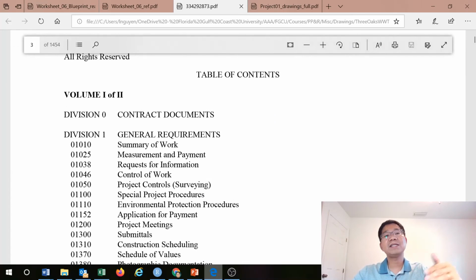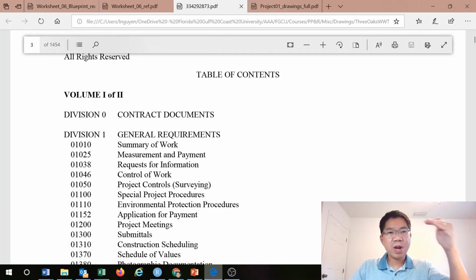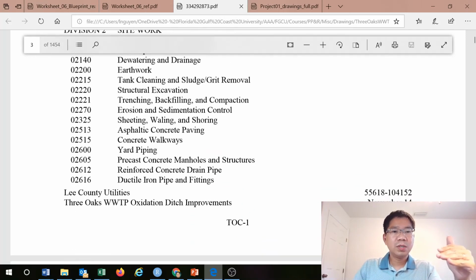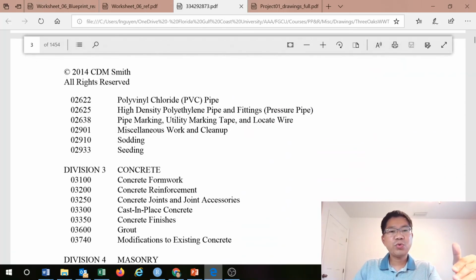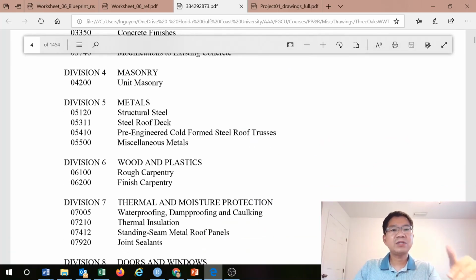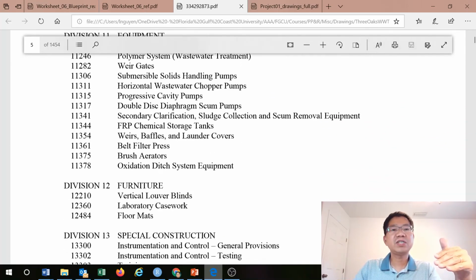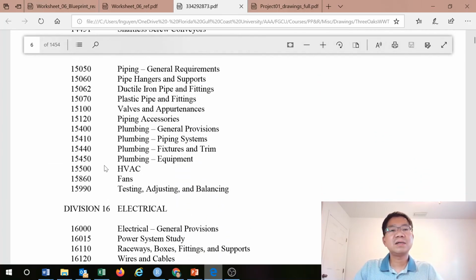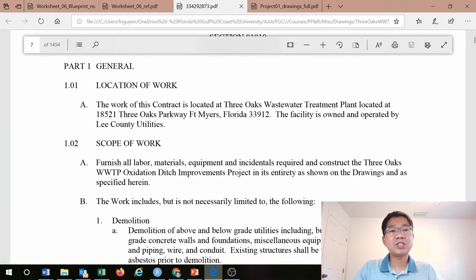a table of contents, and here, as you can see, we talked in the last lesson about the MasterFormat: Division 1, Division 0, Division 2, etc. Division 3 is concrete, masonry, metal, etc. All the divisions are shown in here, following the MasterFormat as I mentioned to you.